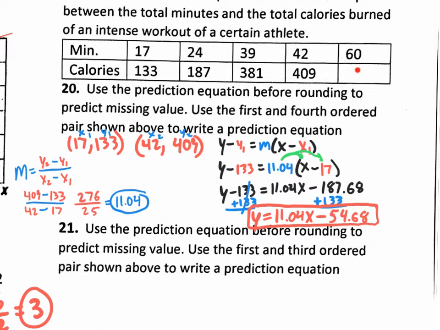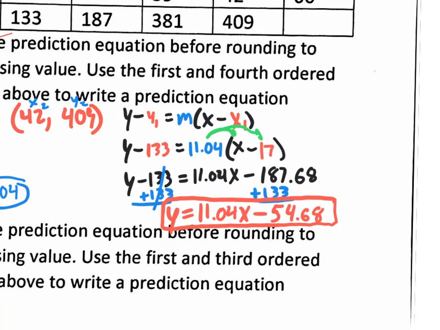How do we get that missing value? Plug in 60. So everybody with the calculator, you could just say 11.04 times 60 minus 54.68. So go ahead and do that with the calculator. 11.04 times 60 minus 54.68.